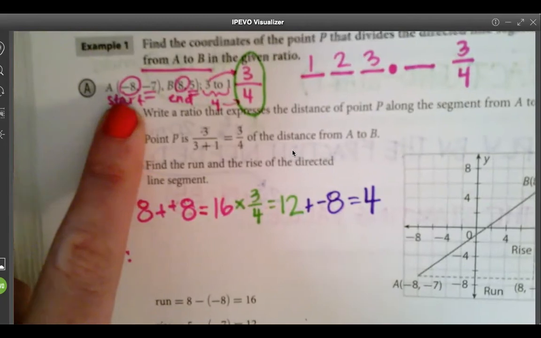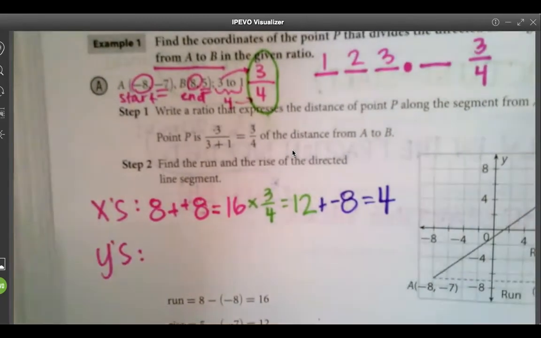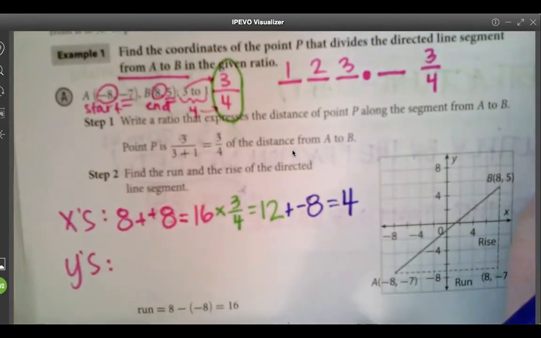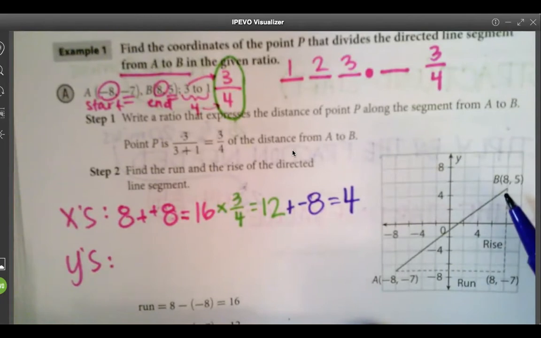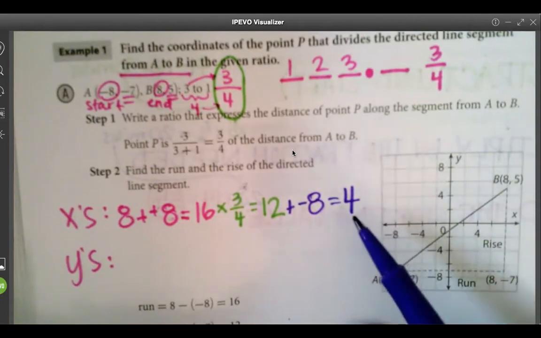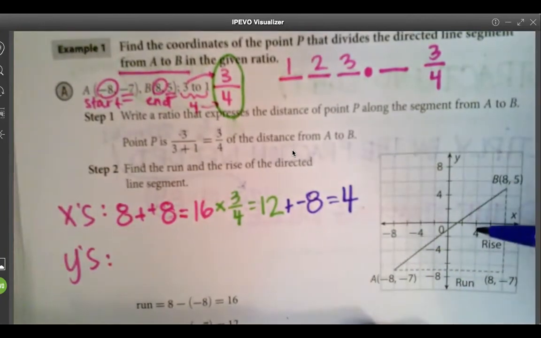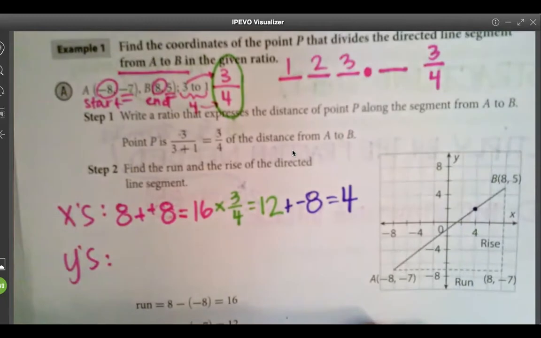All right, now, check this out. You know, I'm a big fan of working smarter, not harder. If I have this line drawn for me, there's only one y value that goes with an x of 4. So I've already got my answer, really. I'm going to find x is 4 and find where the line goes. That's my point right there.